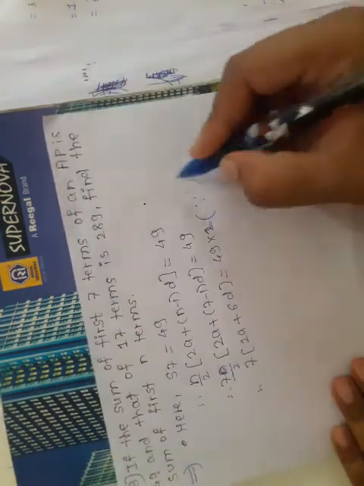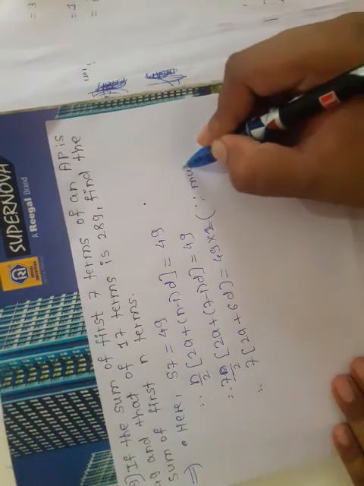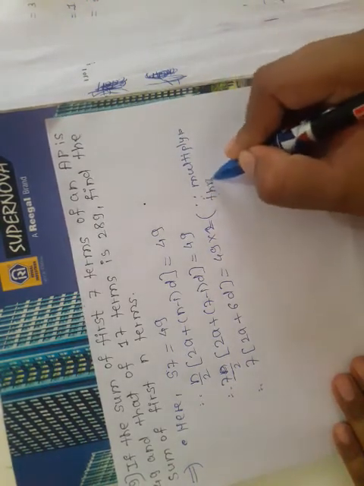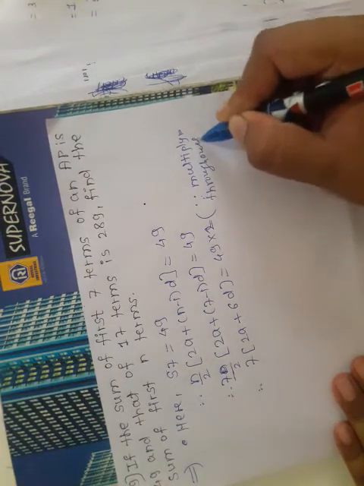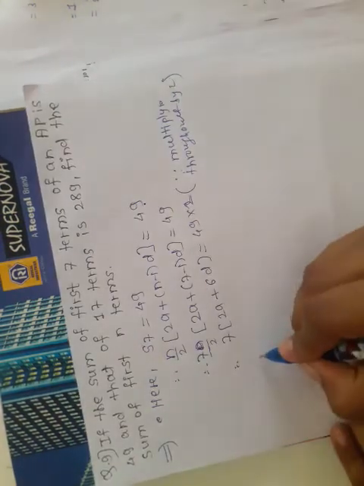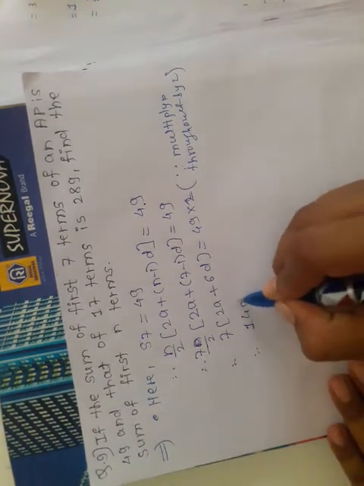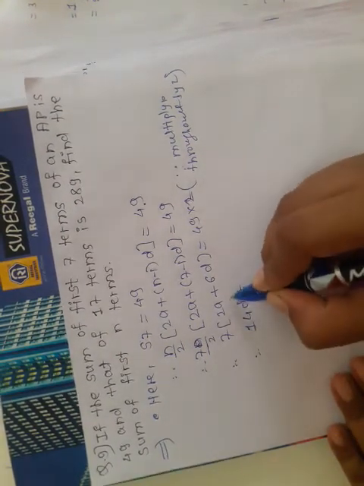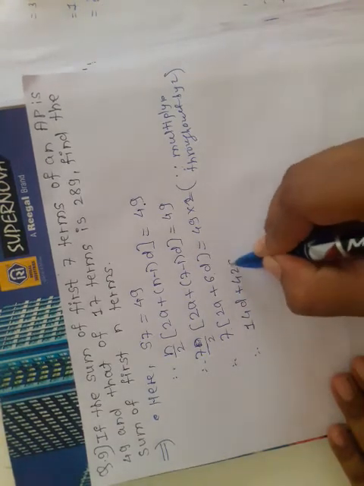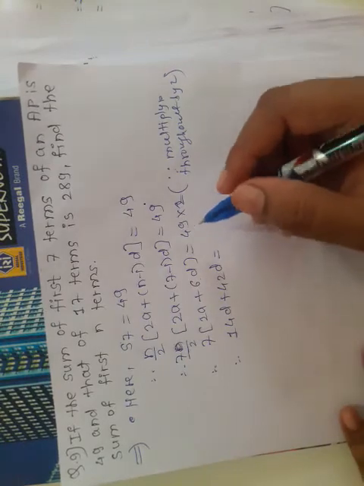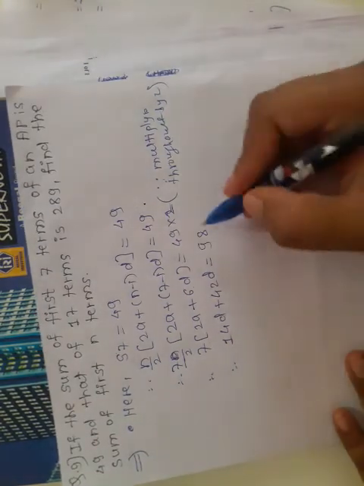Now solve this bracket: 7 into 2 is 14a plus 7 into 6 is 42d is equal to 49 into 2, and 49 into 2 is 98.